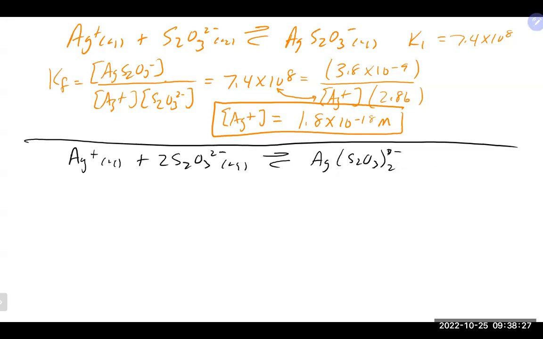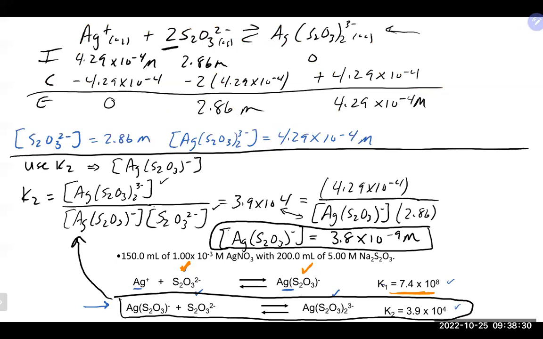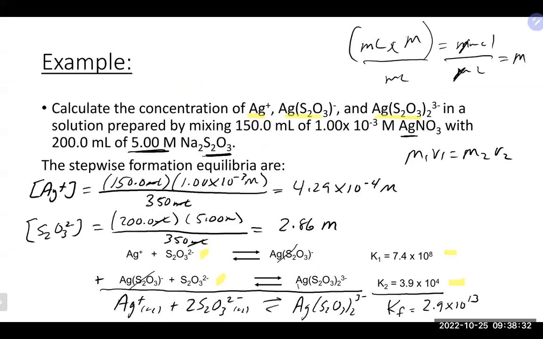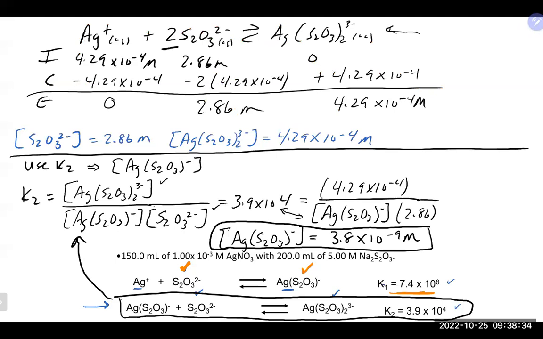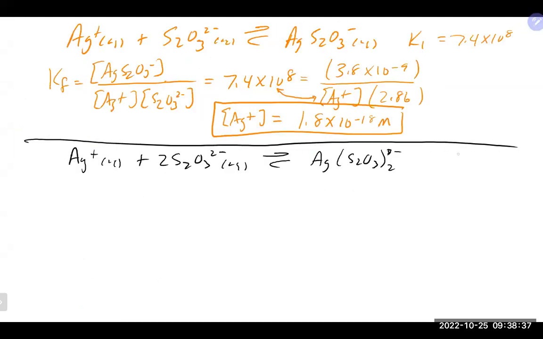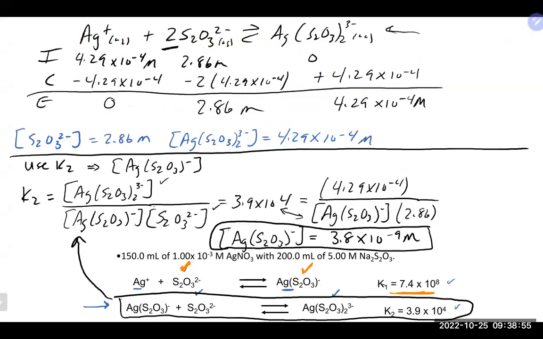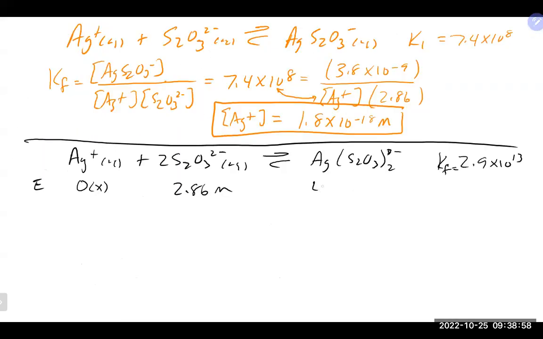And we got the K value for that, which was 2.9 times 10 to the 13, right? And when we got to the equilibrium line, we had 0 of this one, this was 2.86, and the other was 4.29 times 10 to the minus 4 molar.